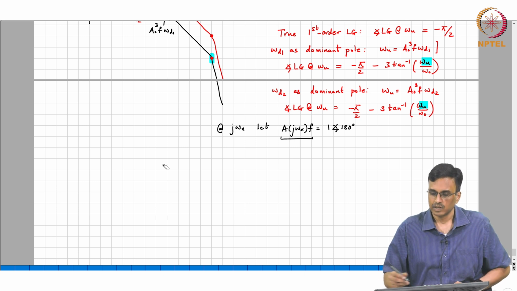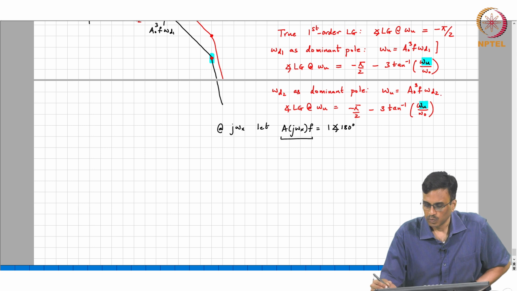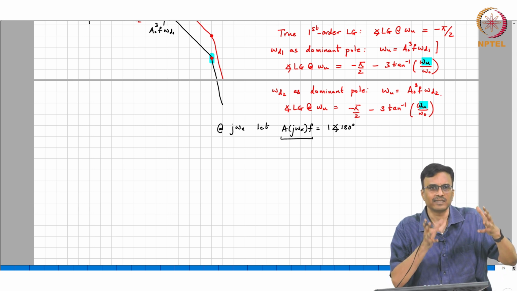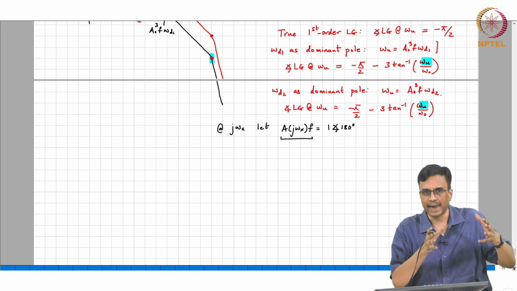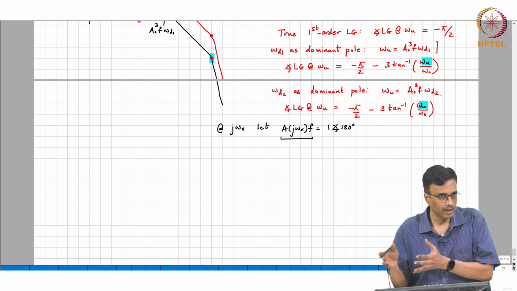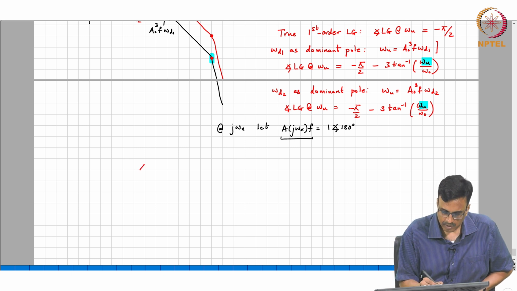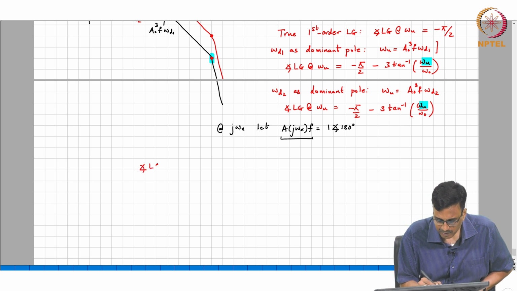So in other words, if you want to look at how far this negative feedback loop is from the edge of stability, one can think of how much phase. I'll just take the magnitude of the angle of the loop gain at omega u.